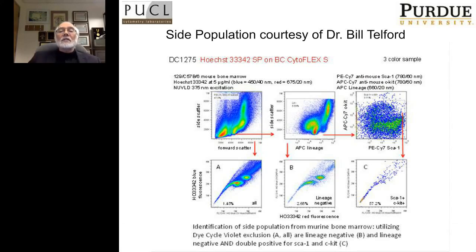And this is the side scatter population that Bill Telford did on the CytoFLEX with the 375 nanometer laser to show excellent side scatter resolution. And so that is what I would consider to be a significant advantage of being able to do the 375 nanometer laser.